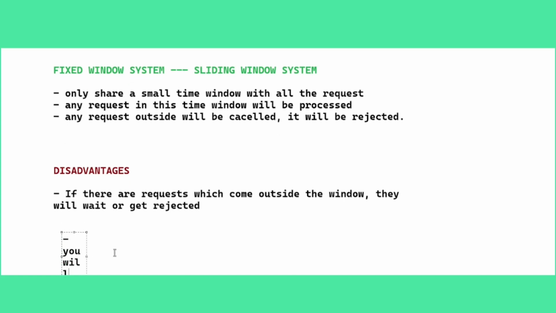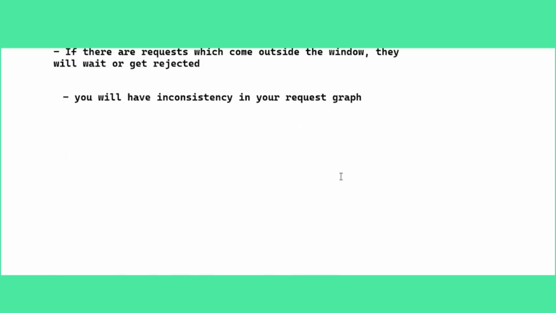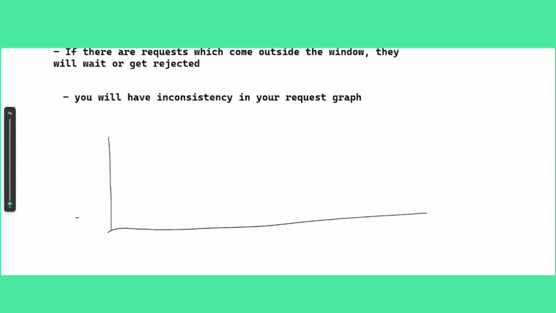You will have inconsistency in your request graph. Basically, what I'm trying to explain is, let's say, for example, this is your number of requests and this is the time.